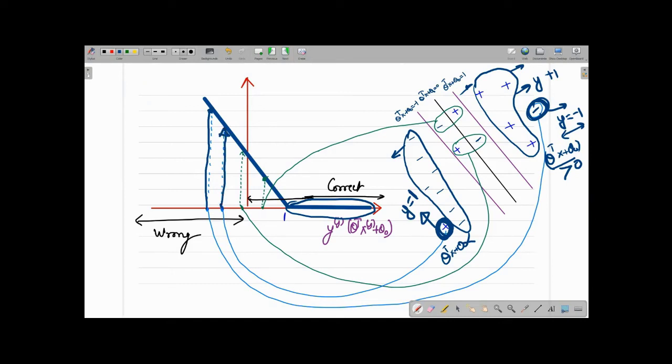Okay. What about these 2 points? In these 2 points, if you see, they are correctly classified because this is the separating hyperplane, right? So this is a proper hyperplane, and plus is on this side, minus is on this side. So they are actually correctly classified. But what happens here is this plus and this minus, though they are correctly classified, their corresponding labels are creating problems.